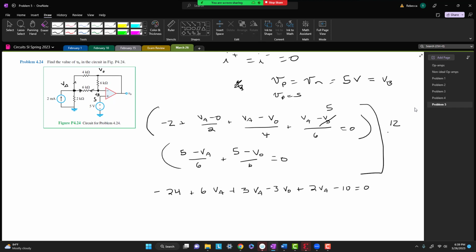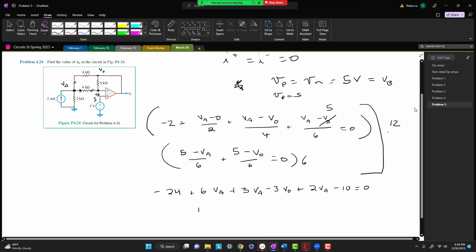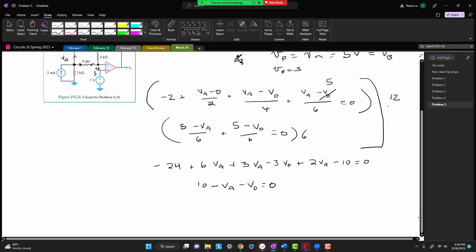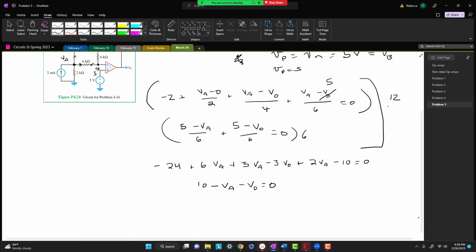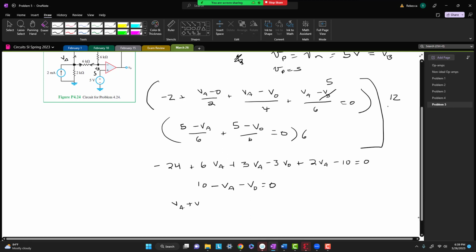On the bottom equation, if I multiply through by 6, the 6's cancel, and I have 5 plus 5 is 10, minus VA minus VO equals 0. So this equation, if I bring the VA and VO to the other side, I get VA plus VO equals 10.